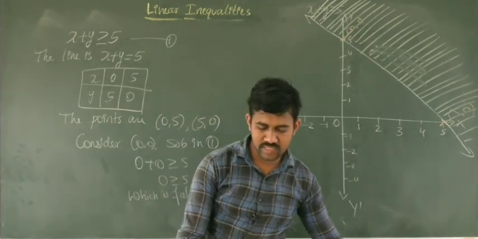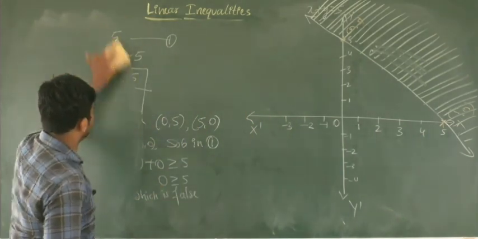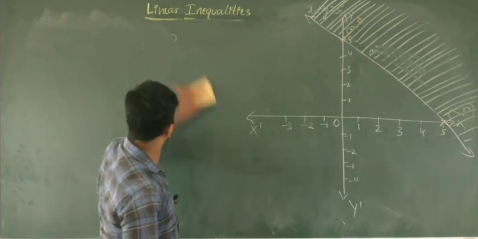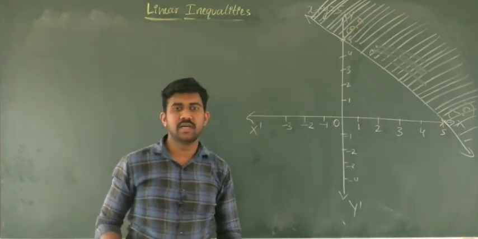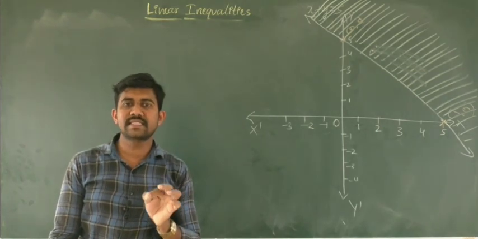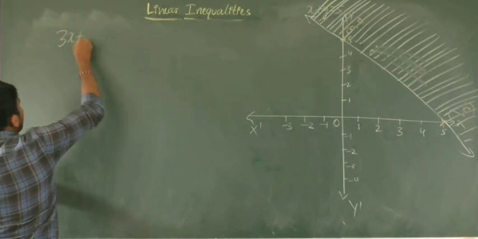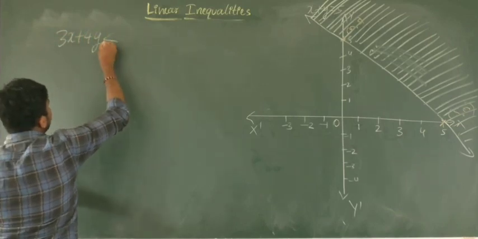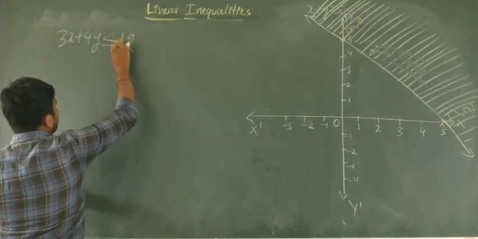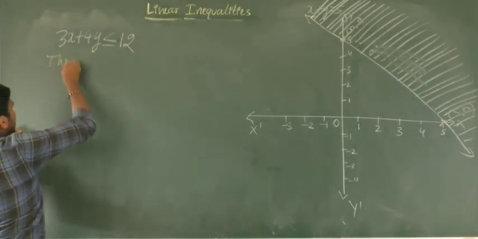Now we'll see one more question. See here, they have given 3x plus 4y less than or equal to 12. In this case, first write the line.